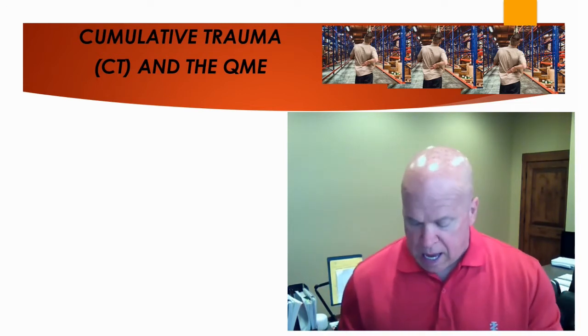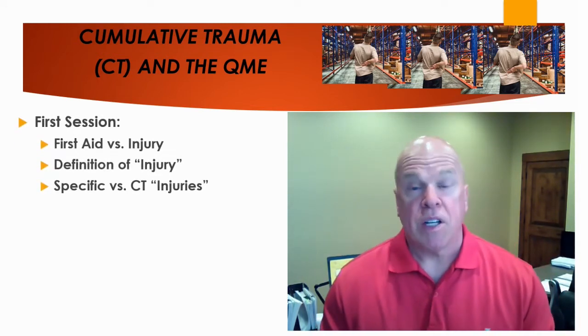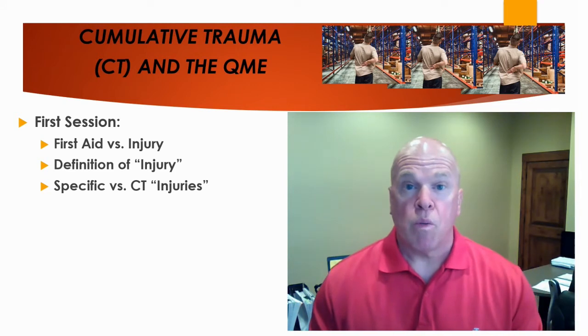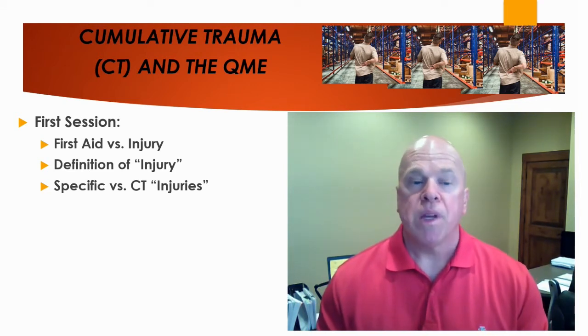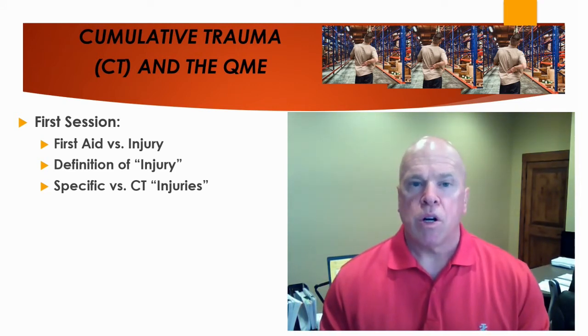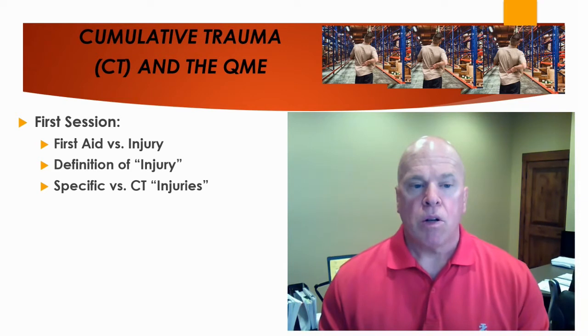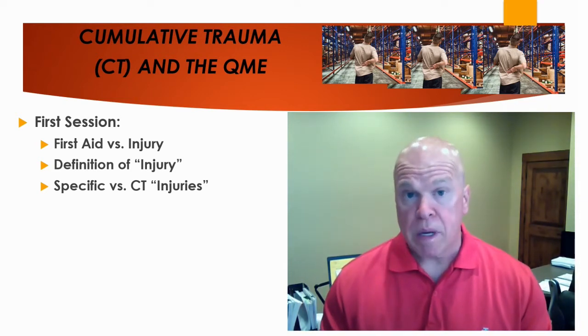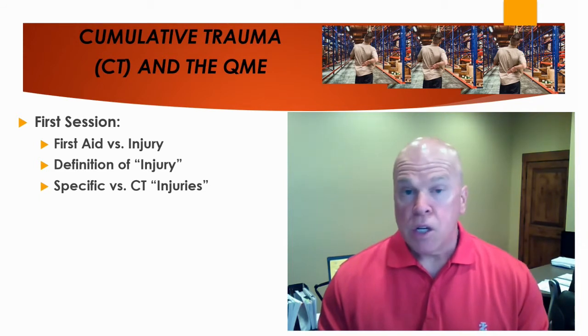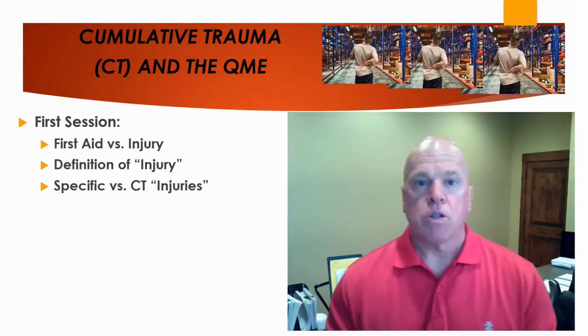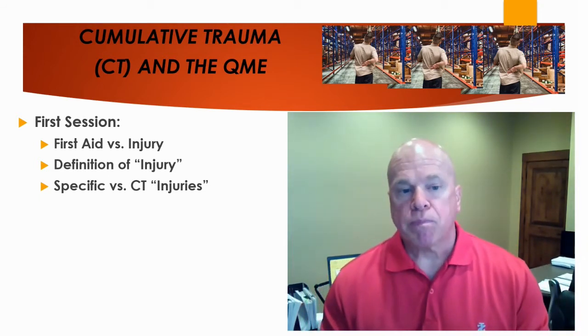And before we get into the topics of today's discussion, let's just review what we learned in our last session. In our last session, we started to build our foundation for our understanding of cumulative trauma injuries. And we talked about what is the difference between first aid treatment and actual injury treatment in the California workers' compensation system.